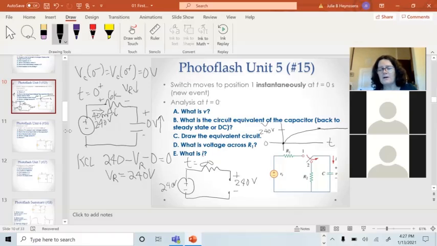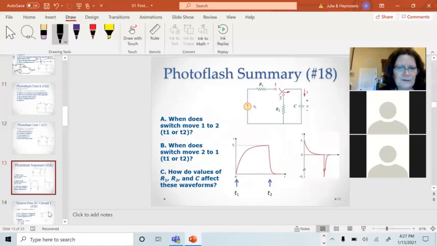The sum of VR and VC is always going to be 240 volts. But as the capacitor voltage charges up, the voltage across the resistor is going to have to drop. And that's going to drop the current, and it's just going to keep going in a loop. Okay, thank you. Good question.